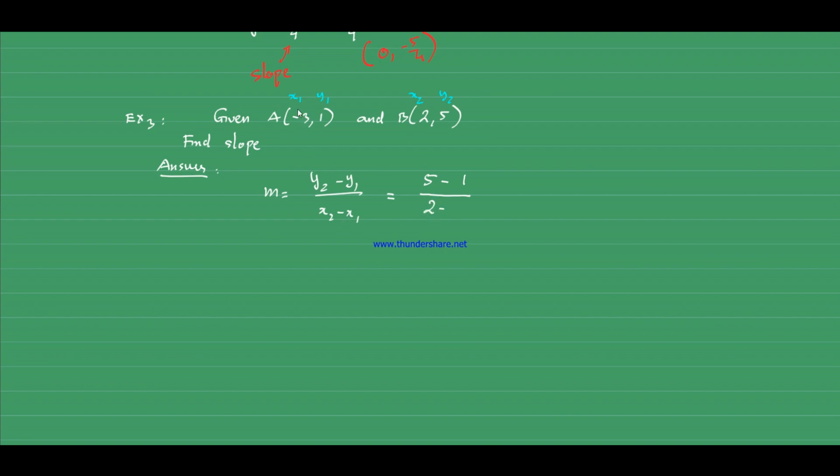So negative, but there's another negative. Be careful right there. You end up with 4 over 5. Negative times negative is positive. 2 plus 3 is 5. So the slope over here is 4 over 5. It means you're going up 4 units and going to the right 5 units. This slants upward.